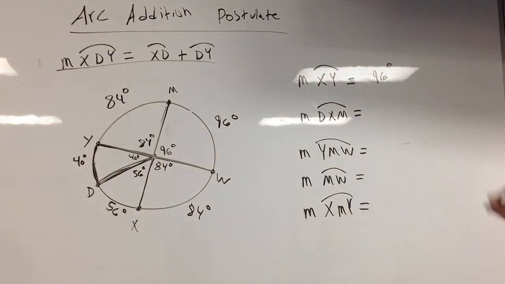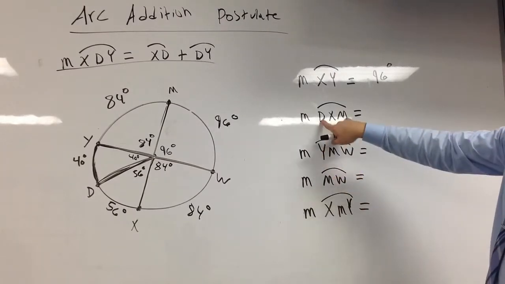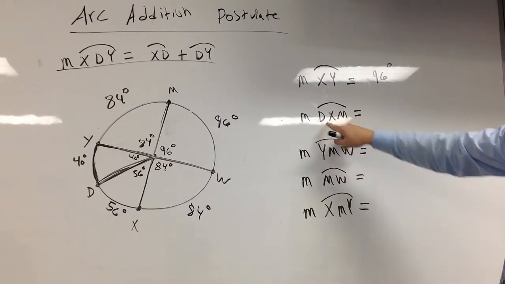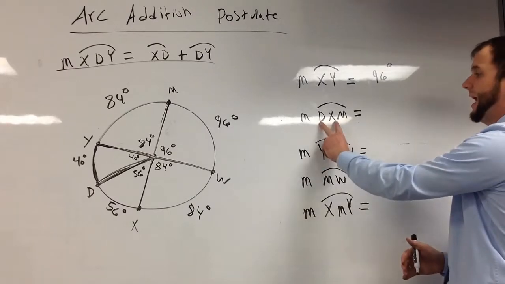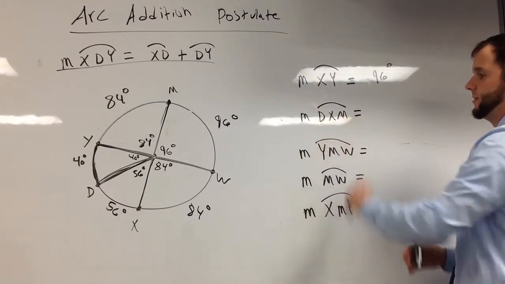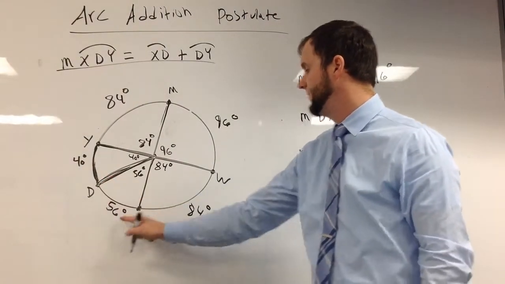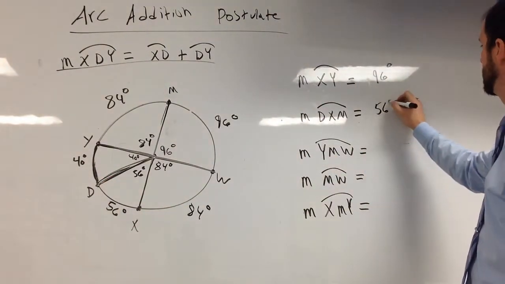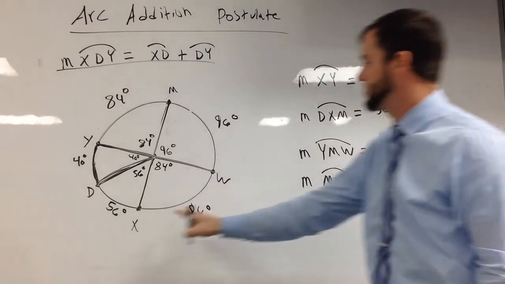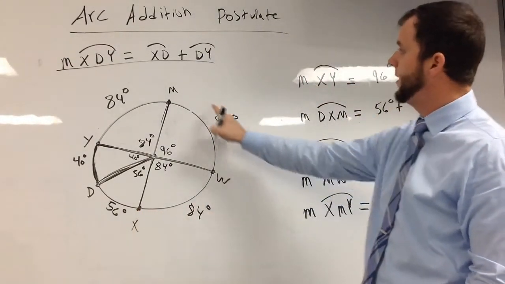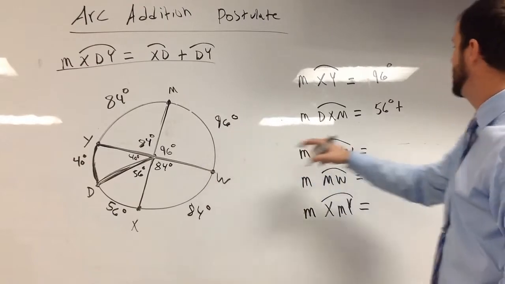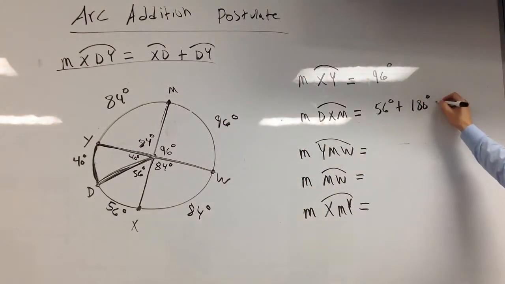Okay? Alright, so now look here. The measurement of DXM. So that means I'm combining D and X together and X and M together. So let's go and look at this. So right now, arc D to X is going to be 56 degrees. And then X to M, so if I went from X all the way to M, 84 and 96 is going to give me 180 degrees.